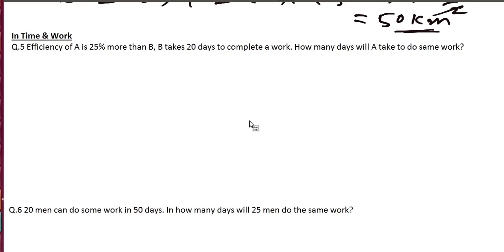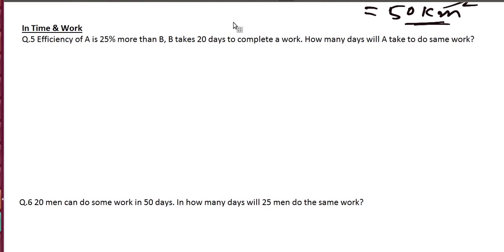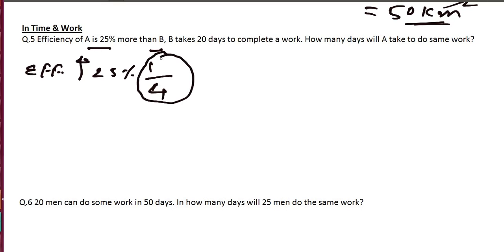The application of this concept in time and work now. Here the efficiency of A is 25% more than B, right? When the efficiency is more, time taken will be less. Efficiency is more by 1/4, so time taken will be less, because time and efficiency are inversely proportional.